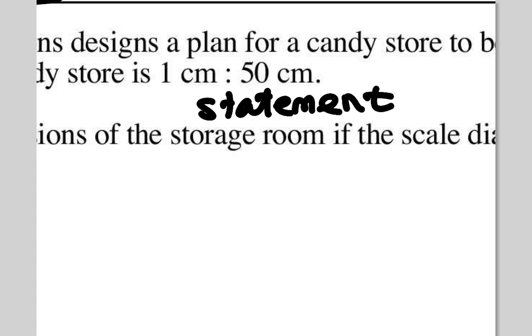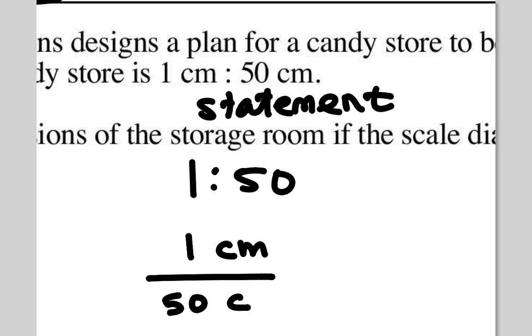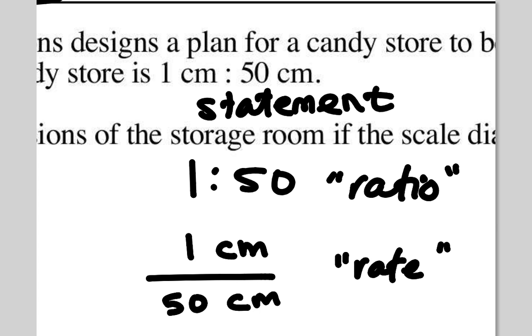Because the units are the same, this is the ratio. The units will just cancel, and you get the ratio 1 to 50. You could also write it as a rate, 1 centimeter for every 50 centimeters. This would be the rate. This would be the ratio. And up above what they gave us was the statement.